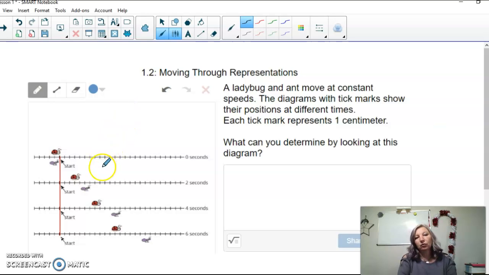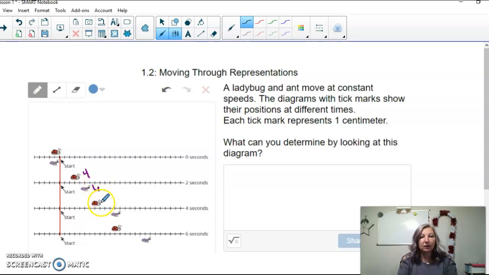So what are some things you can tell right away by looking at the diagram? Feel free to pause me and see what you can determine before we go over it. Some things I notice is that the ladybug has gone 4 centimeters at this point. The ant has gone 6 centimeters.